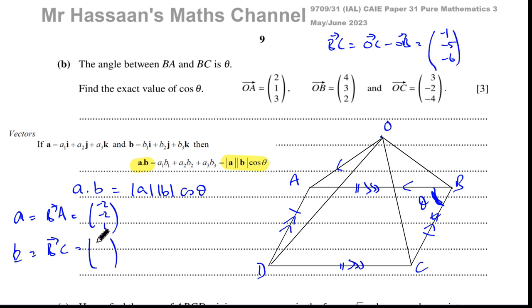So that's B to C, negative 1, negative 5, negative 6. Let's just confirm that's how we would have found D. We would have had 2 plus 1, 1 minus 5, that would be minus 4, and 3 minus 6, yeah, it would give us the same answer. Good. So that's B to C.